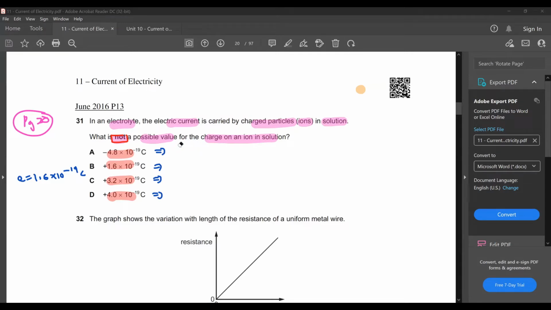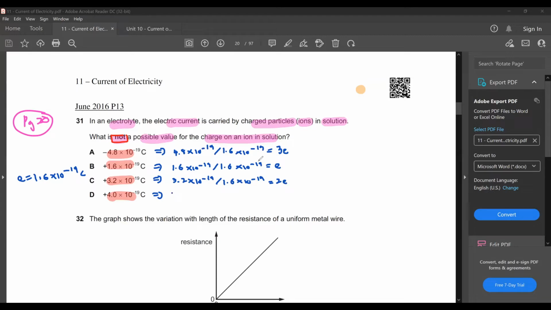Okay, so this one is 4.8. Let me write this out properly for you. This one is 4.8 times 10 power minus 19 divided by 1.6 times 10 power minus 19. This one will be 4.8 divided by 1.6. You're going to get it as 3E. And then this one, 1.6 times 10 power minus 19 divided by 1.6 times 10 power minus 19, you're going to get it as E. Then 3.2 times 10 power minus 19 divided by 1.6 times 10 power minus 19, this one is 2E.